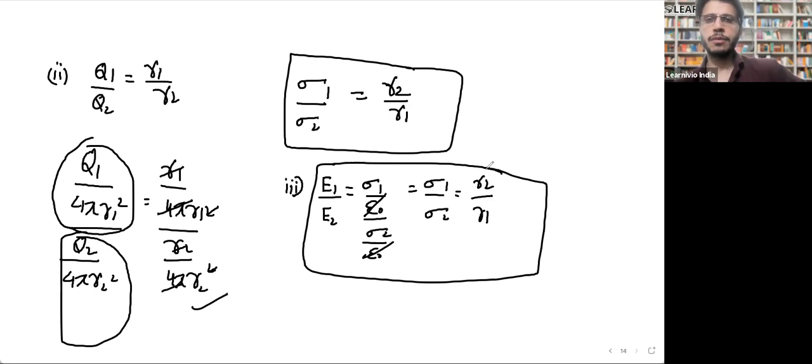On the surface of a conductor, field is sigma by epsilon naught. Written?